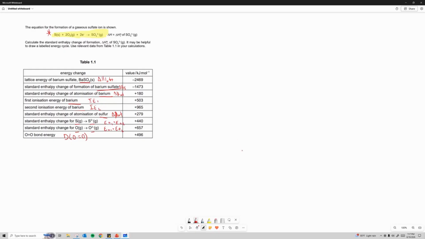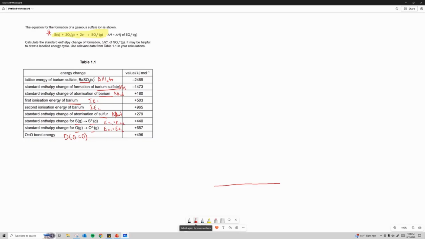So I'm going to start with my elements in their elemental form, like I would with any energy level diagram for lattice energy. And I am given lattice energy, so I know it has to be something similar. So I'm going to start with my line, and on this line I'm going to put the elements that form barium sulfate. Because notice that here we have the sulfur, we have the oxygen, but we don't have the barium.